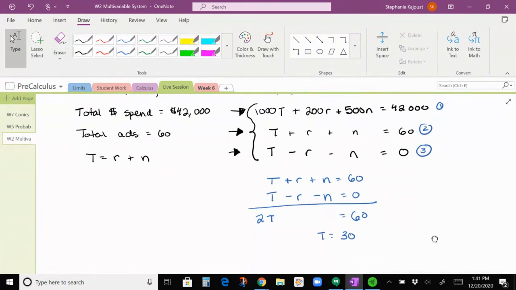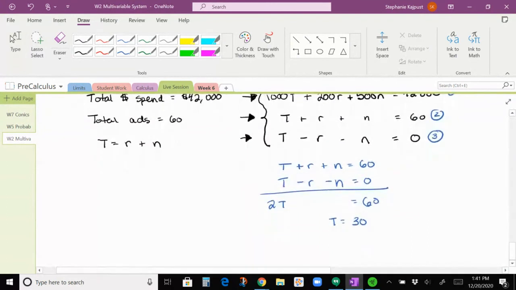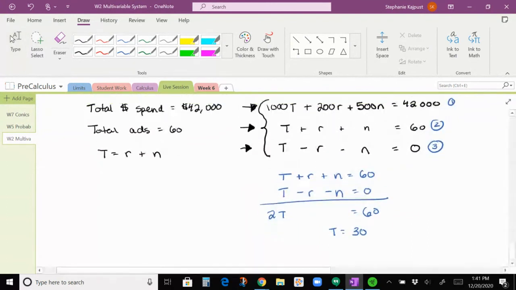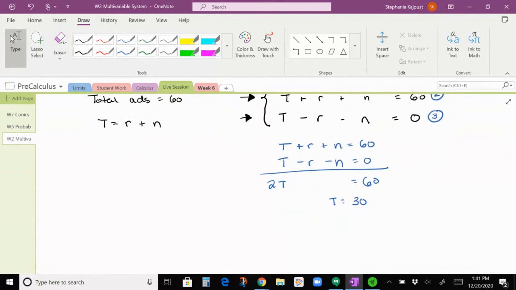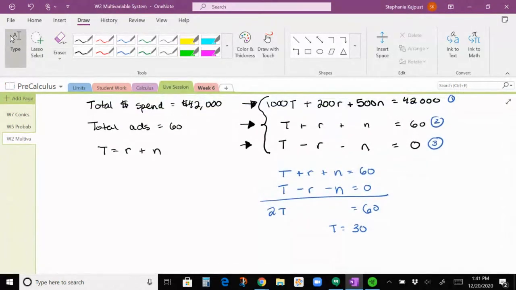So I'm going to just kind of rewrite our equations just so you can visualize what we've got here, because then we have to figure out R and N, we need to solve for those. So when you plug in 30 and multiply by 1,000, we get 30,000 plus 200R plus 500N equals 42,000.